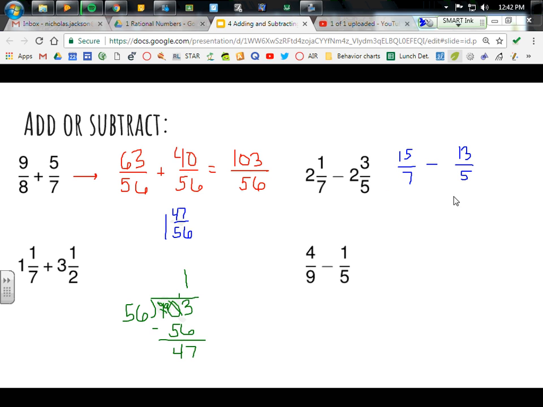All right, 7 again is kind of a stubborn number. So the lowest common denominator between 7 and 5 is going to be 35. So we multiply 15/7 by 5/5, and we get 75/35.